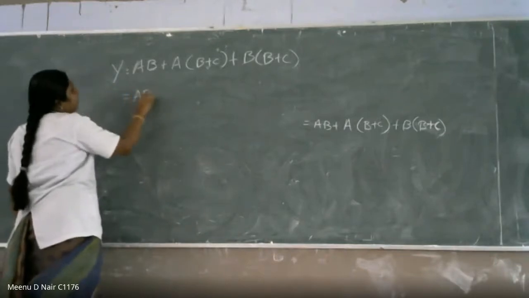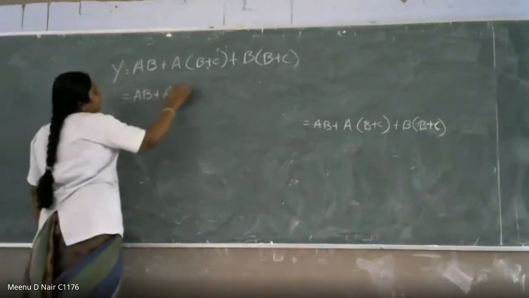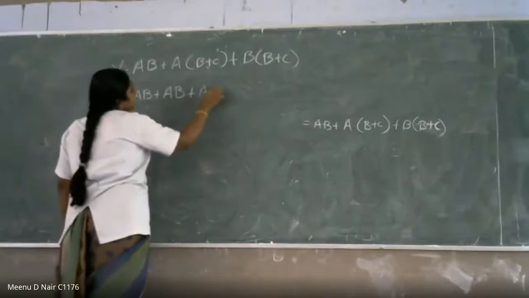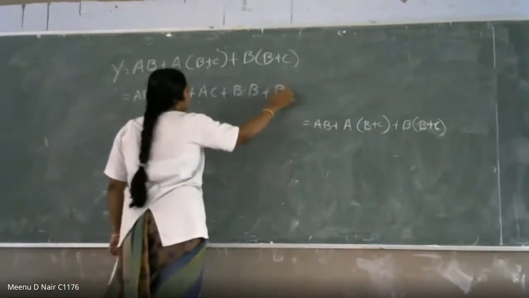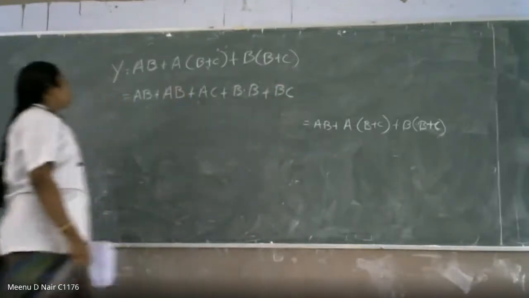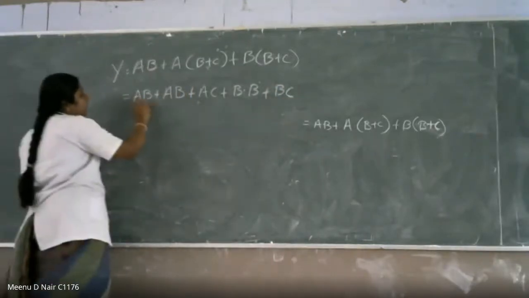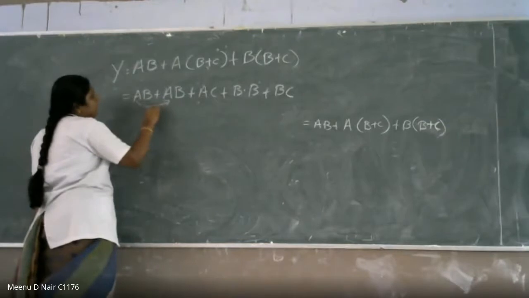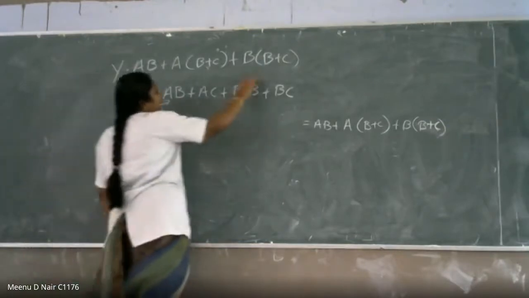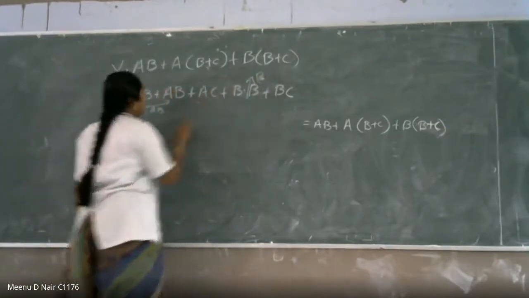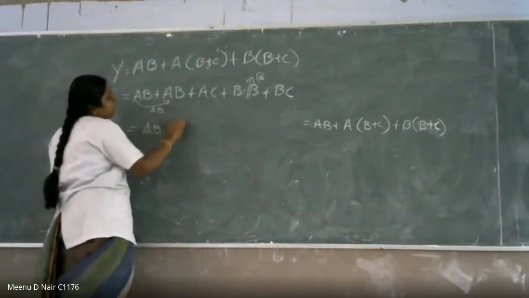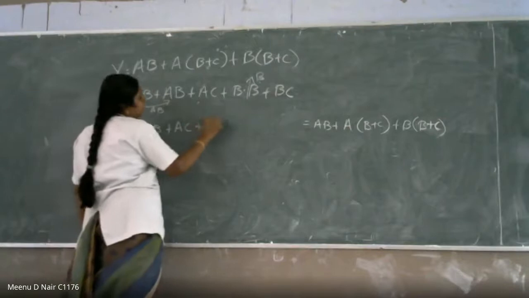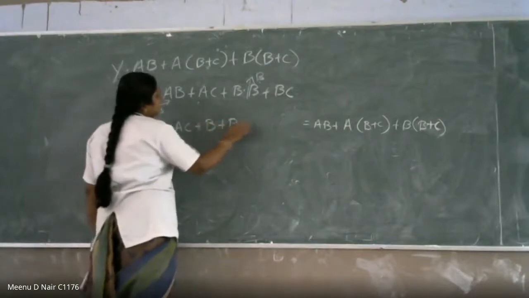So AB + AB + AC + B·B + BC. AB + AB is nothing but AB itself. Then B into B is nothing but B itself. So you can write the expression as AB + AC + B + BC.